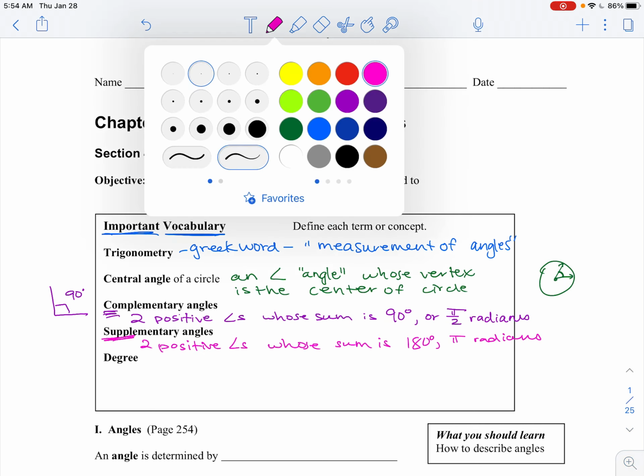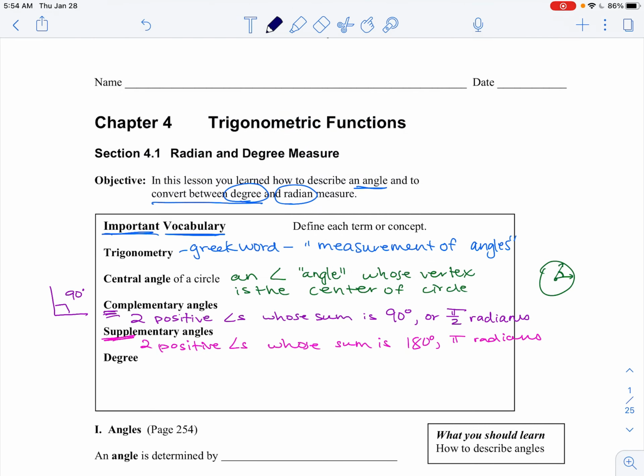And then last but not least, a degree, which we know what it is, but we probably haven't thought very much about defining it.